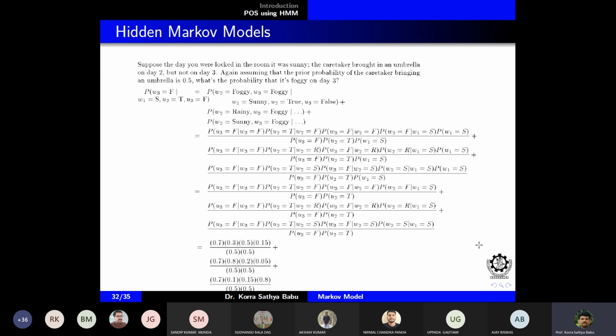So that is given with an equation like this: the probability of U3 equal to false given W3 equal to foggy, and the probability of U2 equal to true given W2, into the probability of W3 given W2, into the probability of W2 given W1 equal to sunny, okay, divided by of course the other terms like the probability of U3 equal to false, where on the third day he did not take the umbrella and on the second day he took the umbrella, and the probability of W1 equal to sunny, plus you are substituting the same for the above equations.